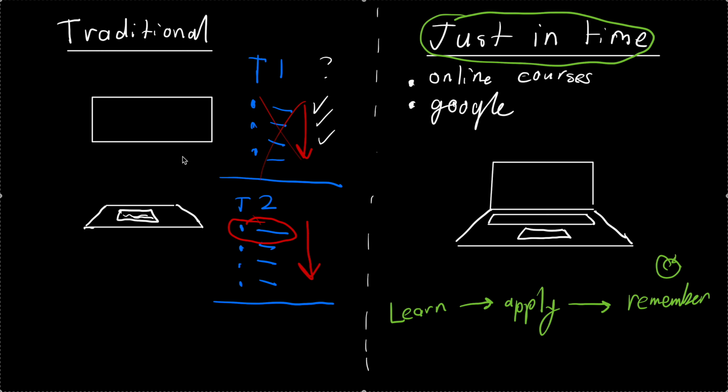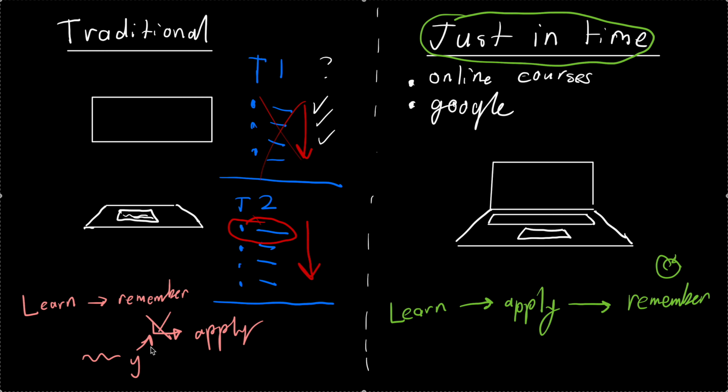However, over on the traditional side, which gets a bit more frustrating, it is learn, remember, and then apply. And the problem is, when you're right here, you have to wait many years to be able to actually apply the stuff.